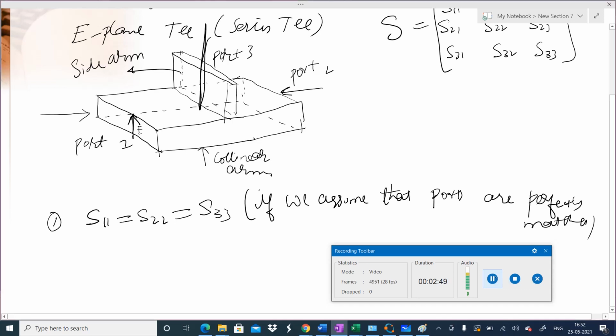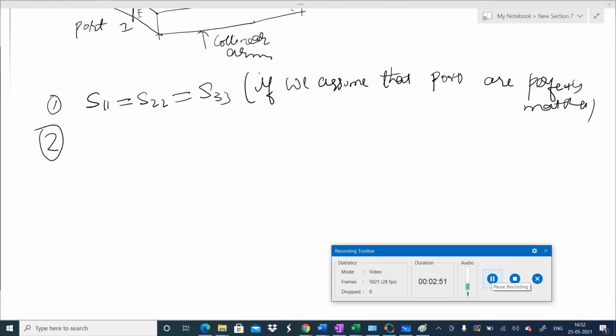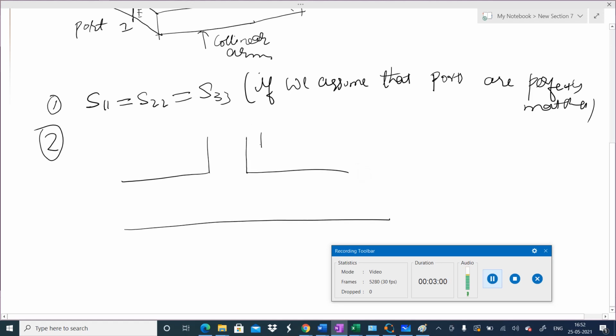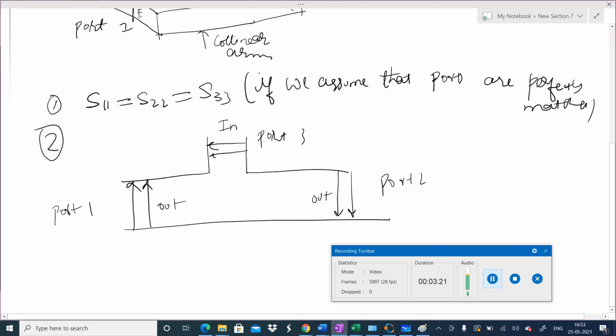Now another observation we can make is that if we impose the incident electromagnetic wave at port 3. Let me draw this here. So here is port 3 and my incident electromagnetic wave, I write here in, and at port 1 and port 2 I am getting this out, this out. Okay, it means my microwave source is here, at port 3.